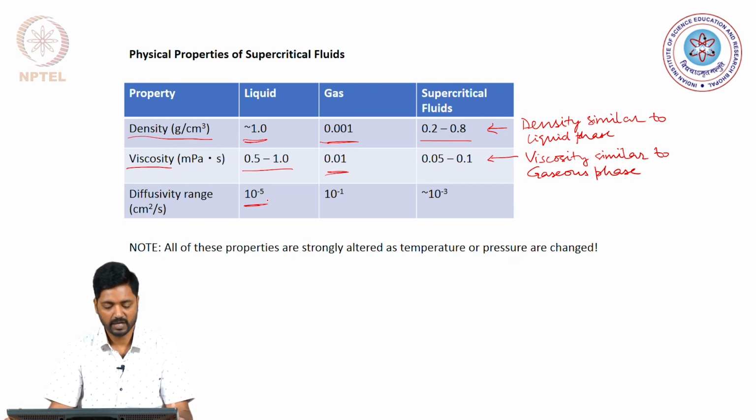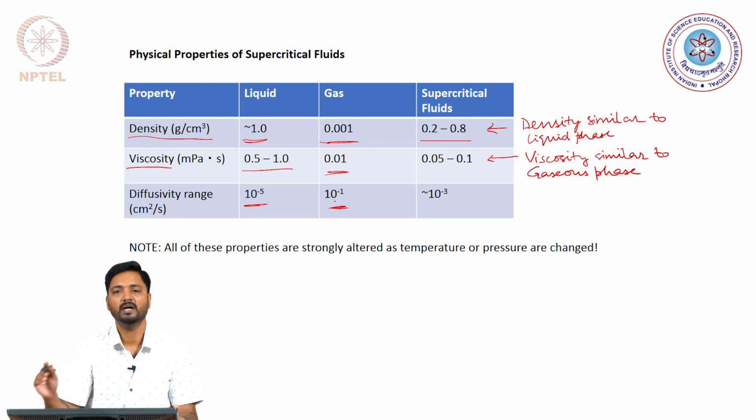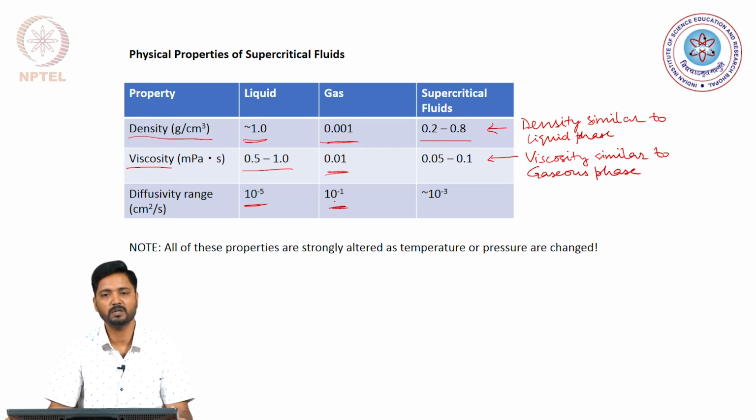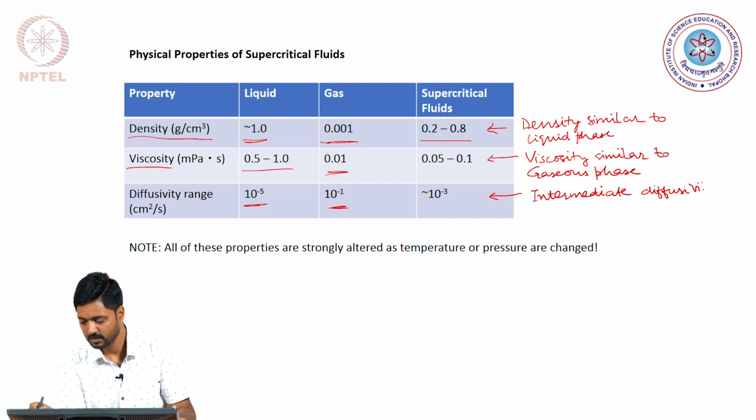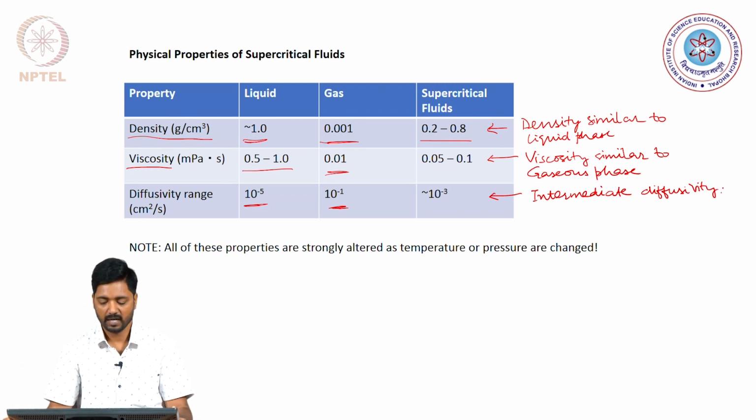In the gaseous phase, the diffusivity is much higher, and again that is because the molecules are almost non-interacting with each other. Supercritical fluids have intermediate diffusivity. So, their diffusivities are in between that of the liquid and the gaseous phase.